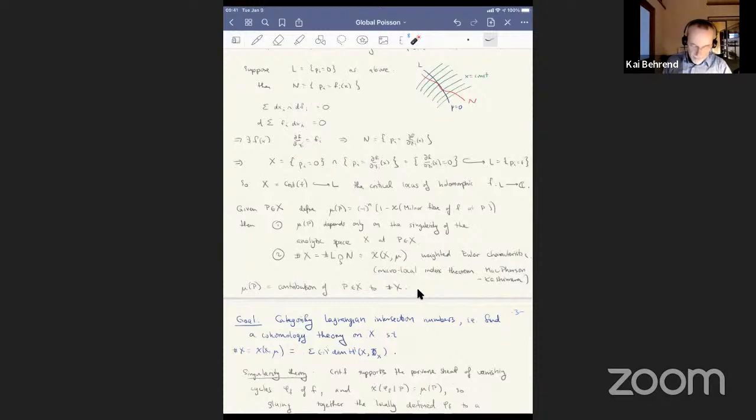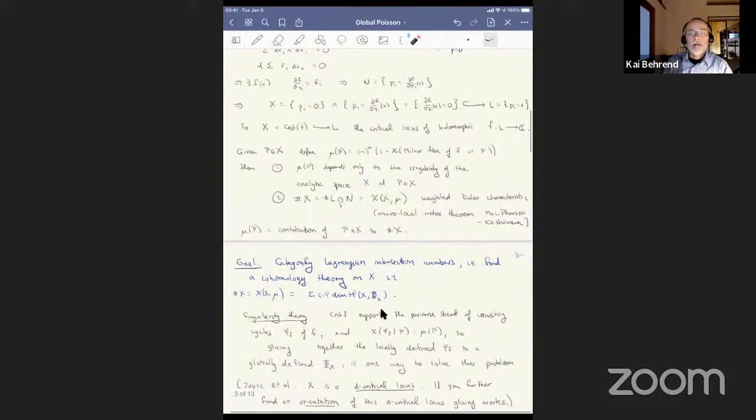Of course, singularity theory gives us an answer to this question. If I have the critical locus of a holomorphic function F, this critical set supports the perverse sheaf of vanishing cycles of F. And it's a fact that if I restrict the perverse sheaf of vanishing cycles to a point and compute its fiber-wise Euler characteristic, I get this number mu that I introduced up here.